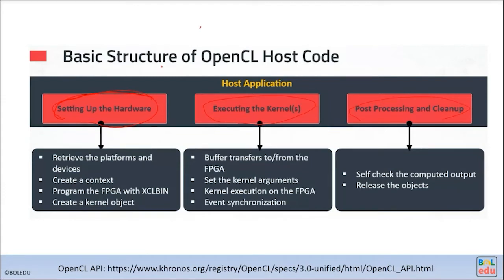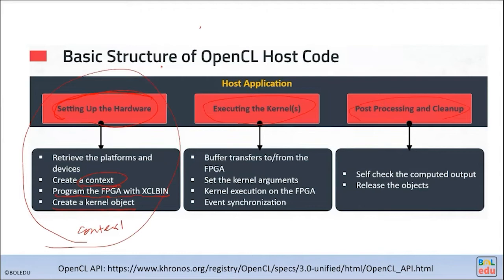To set up the hardware, first you need to retrieve the platform and device and see what is available in the system. Then you create a context, we all know what context means. Then you program the FPGA and create the kernel object. So basically you identify the device and set up the context.